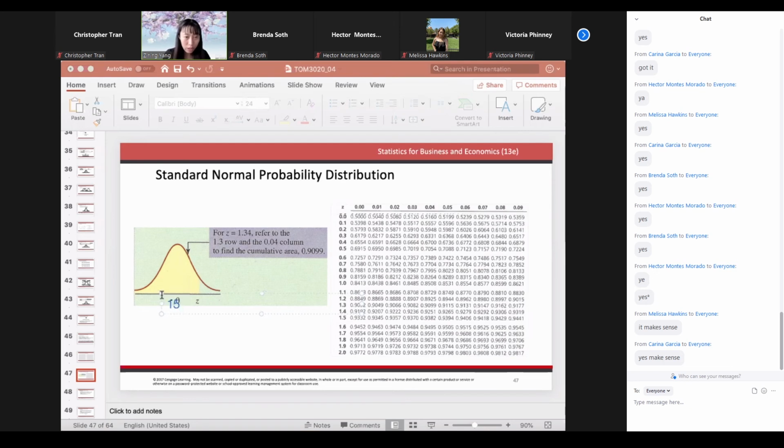And we know it varies. Some customers want more, some customers want less, right? We know there are large values, small values, and we know the standard deviation equals 6.